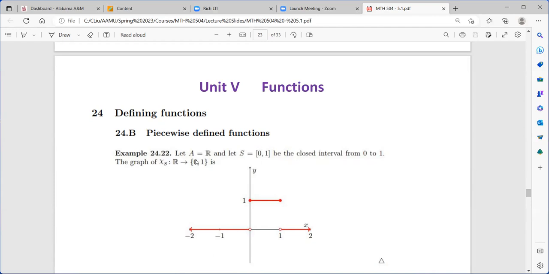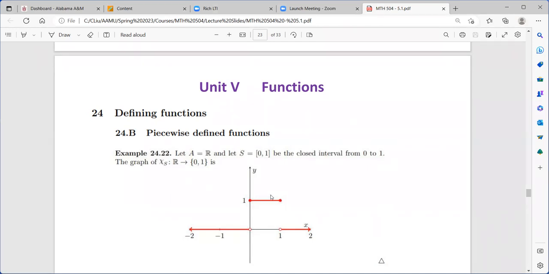If you remember the definition, it takes value 1 when x is in S. So when x is between 0 and 1, including 0 and 1, the function value is 1. So y equals 1 for x from 0 to 1, including the endpoints.